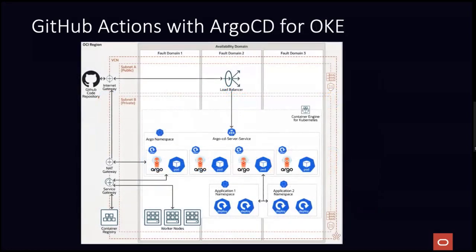For GitHub Actions with Argo CD for OKE, we have this in the architecture center. This is a detailed network diagram of how it works.